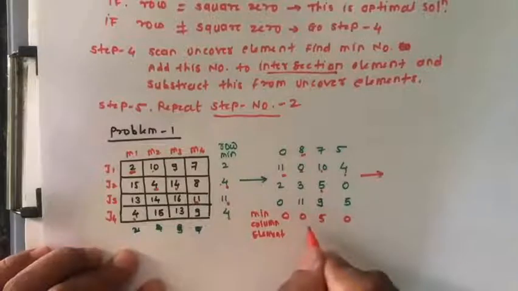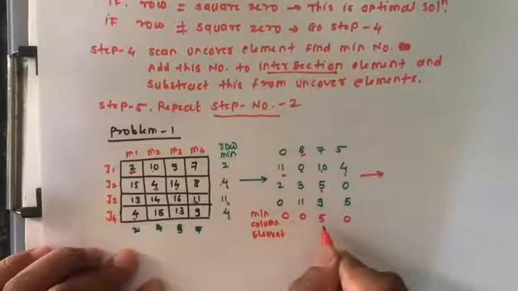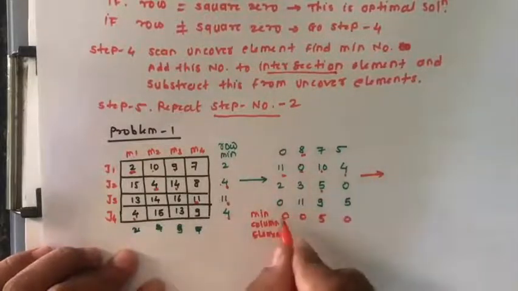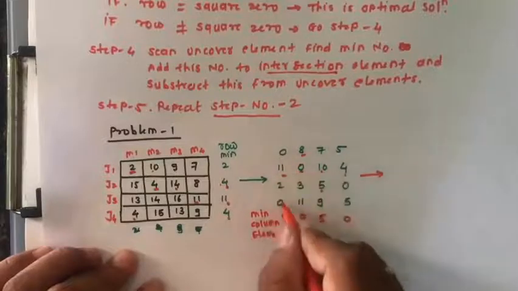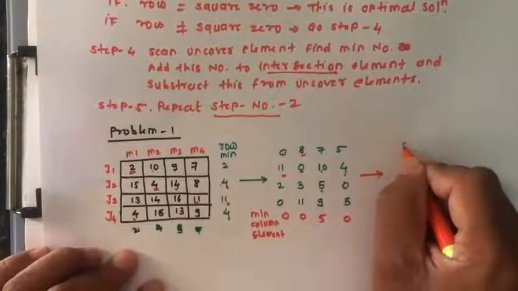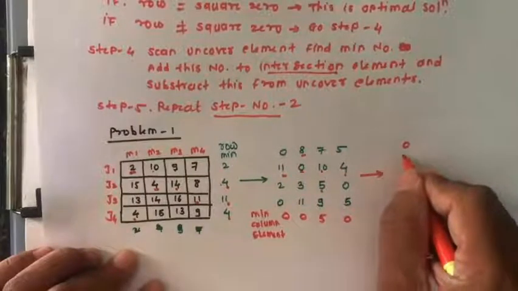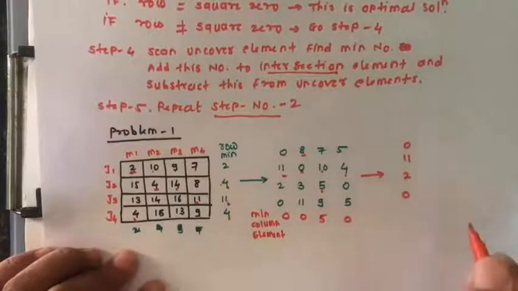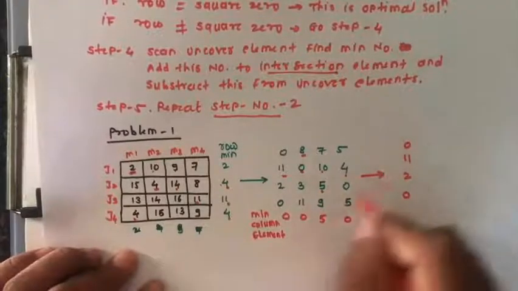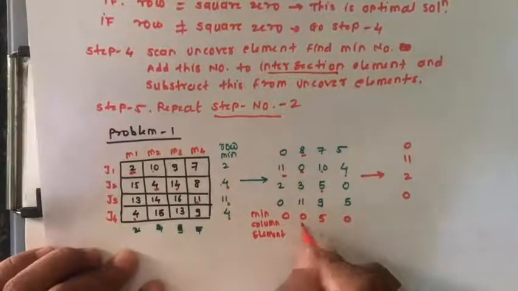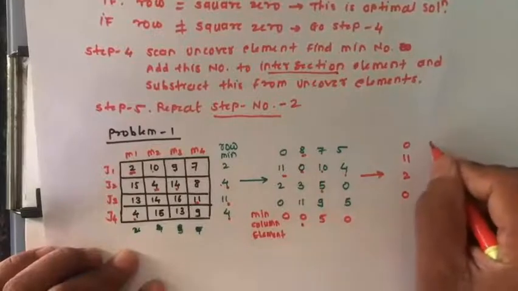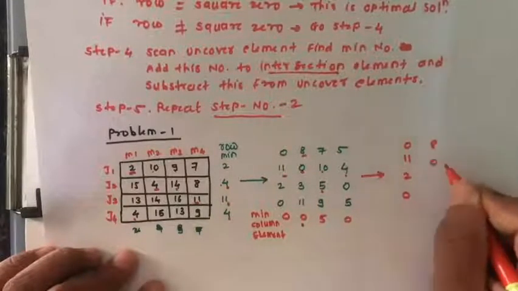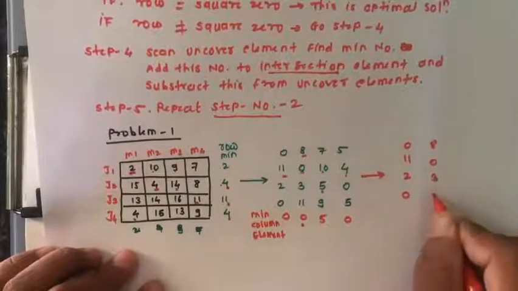Subtract this minimum number from each element of the column. When we subtract 0 from all the elements of the first column, we get the same numbers, so I directly write down 0, 11, 2 and 0. This is the first column. In the second column, 0 is also the minimum, so we get the same numbers: 8, 0, 3 and 11.